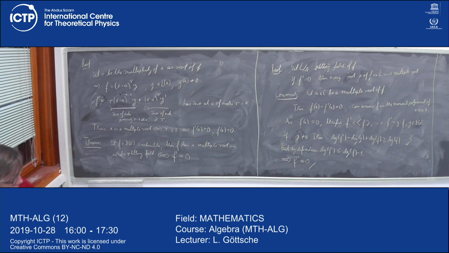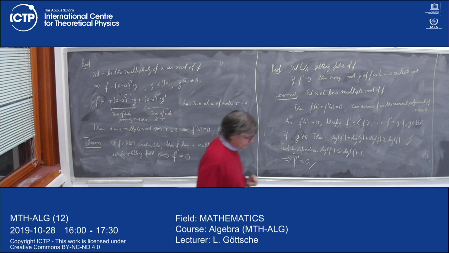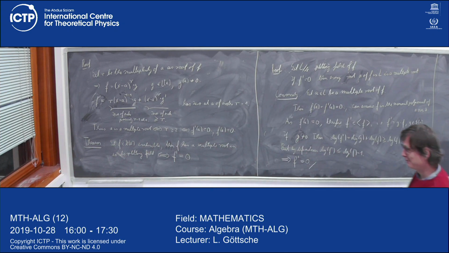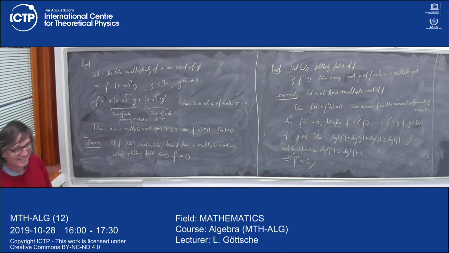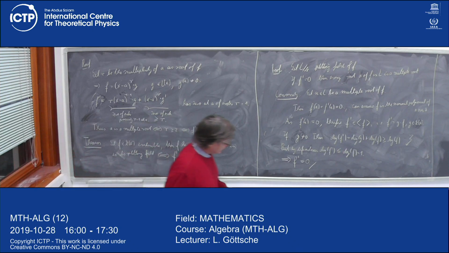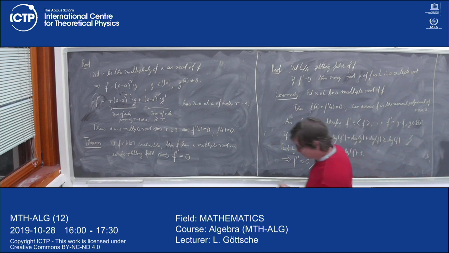Now, if f prime is equal to 0, does that mean f is constant? Well, that's an interesting question. That was the next question I wanted to ask you now. What do you think? Does it mean that? It depends. Obviously you learned in analysis that this precisely means f is constant, but we are not doing analysis here.